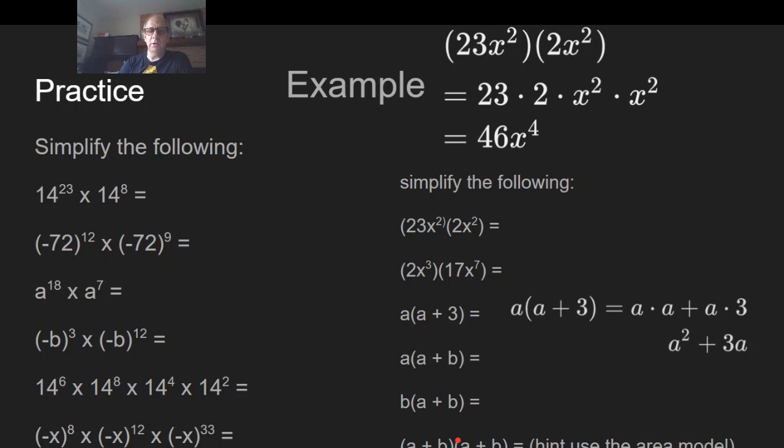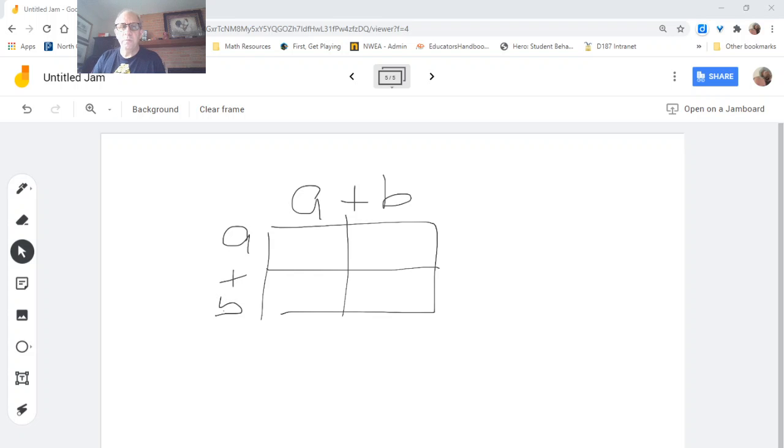This last one gets a little harder. Think for a second about the area model. I'll show that to you. All right, so I'm working over here. I have a times a, so that's a squared. A times b, that's ab. We've done that. B times a, so that's, again, I can call that ab.